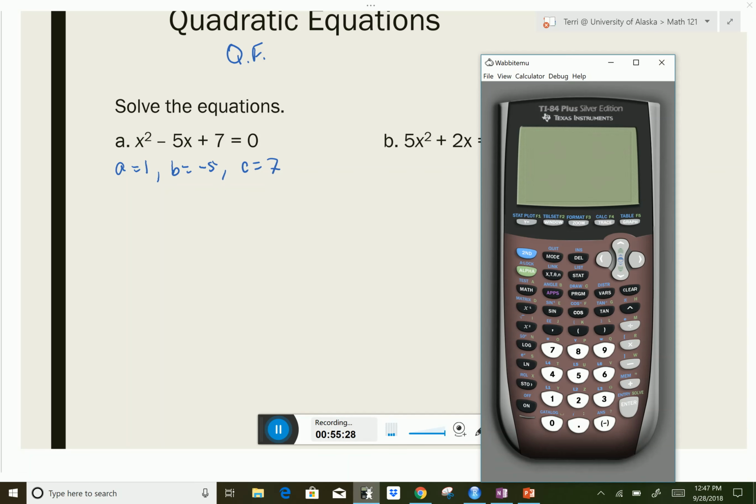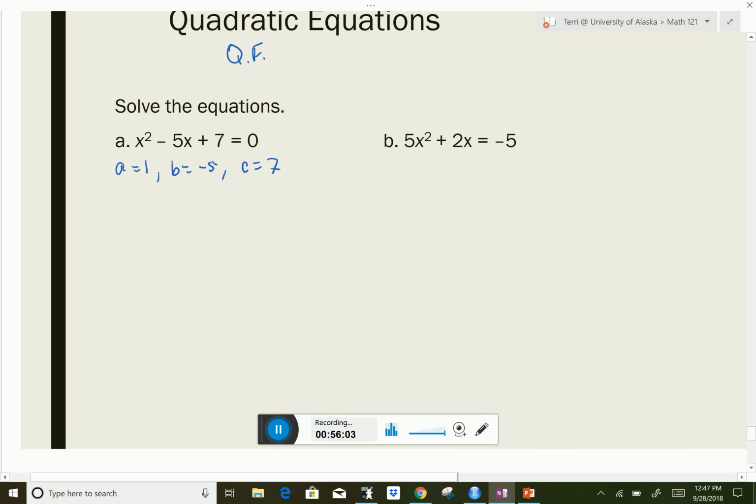And graphing and using your calculator is not going to help, because watch what happens when I try to do that. x squared minus 5x plus 7, and I'm just going to zoom to standard. Okay, you can see the problem. It never touches the x-axis at all. So there's no way our calculator is going to give us this answer.